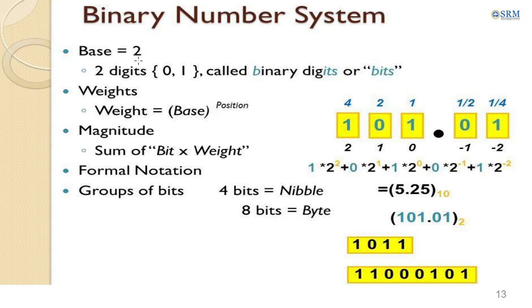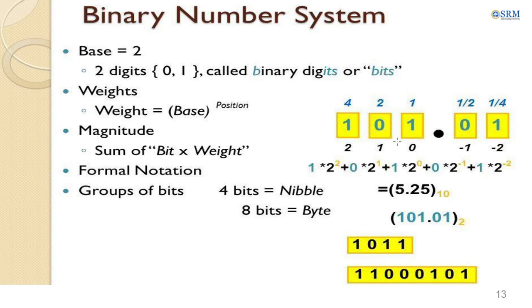The binary system has base 2, and with the position we can calculate the weight. The sum of each bit multiplied by its weight gives the magnitude of the number. A group of 4 bits is represented as a nibble, and a group of 8 bits as a byte.